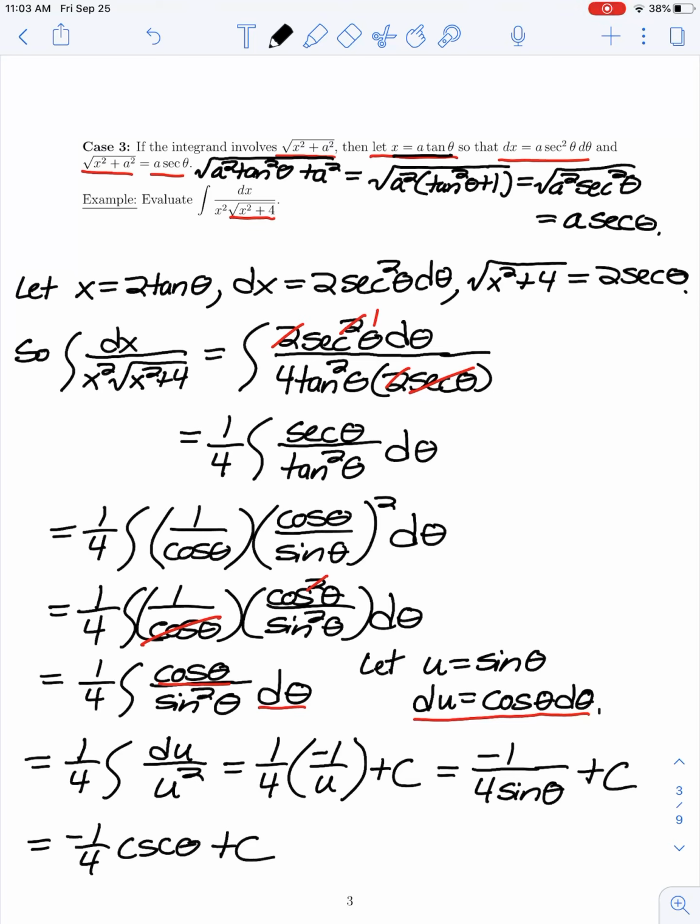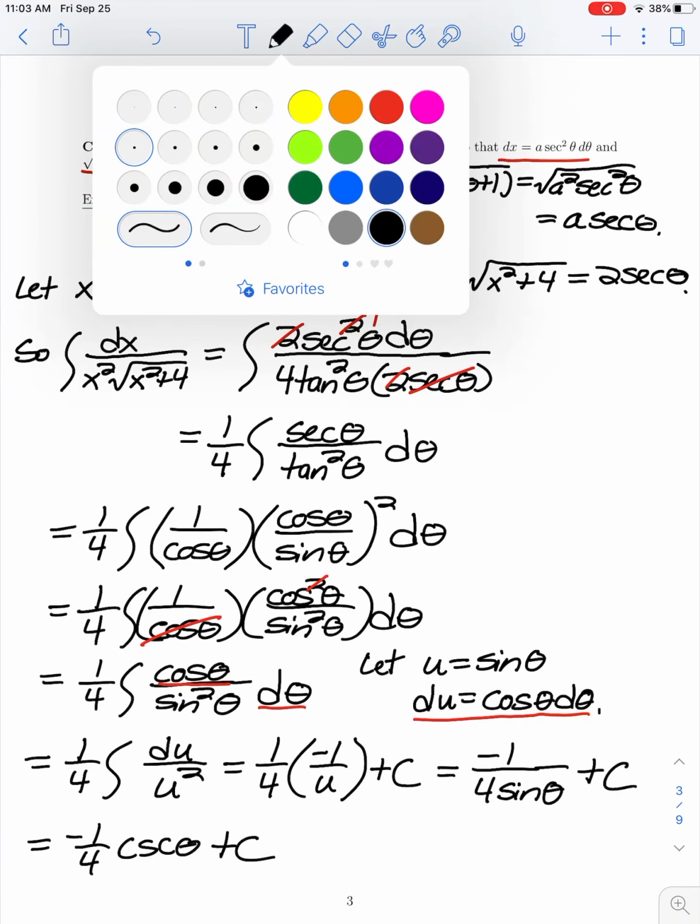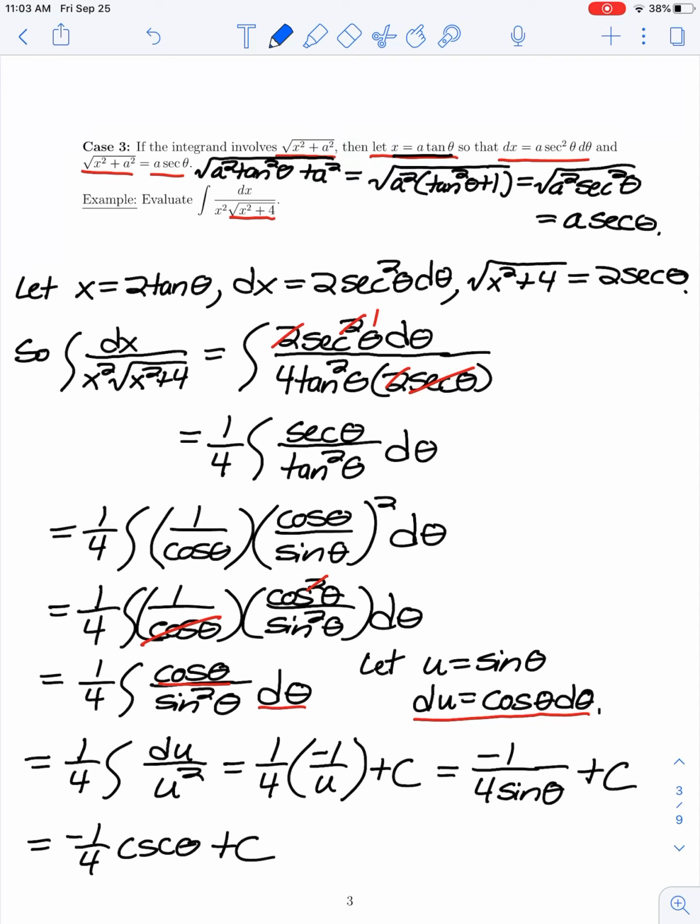My answer at the end here involves either sine theta or cosecant theta, depending on how I wrote it, and none of our earlier expressions involve either sine of theta or cosecant theta. So here I'm going to need to make use of a reference triangle.